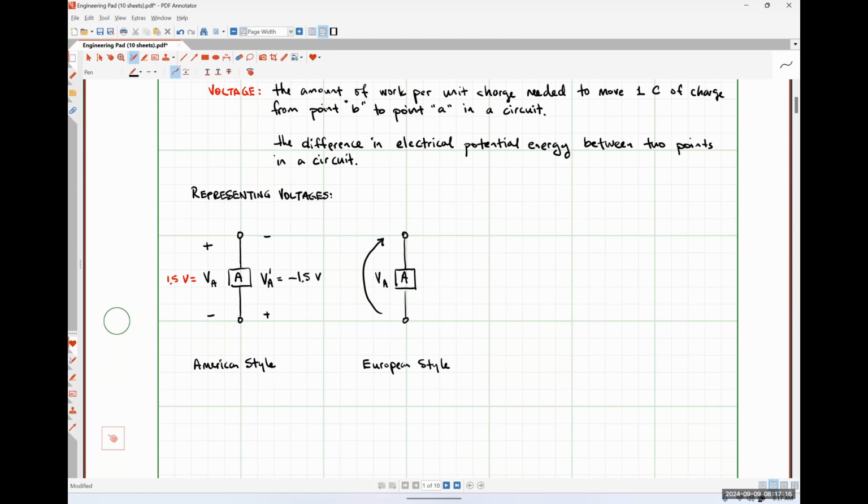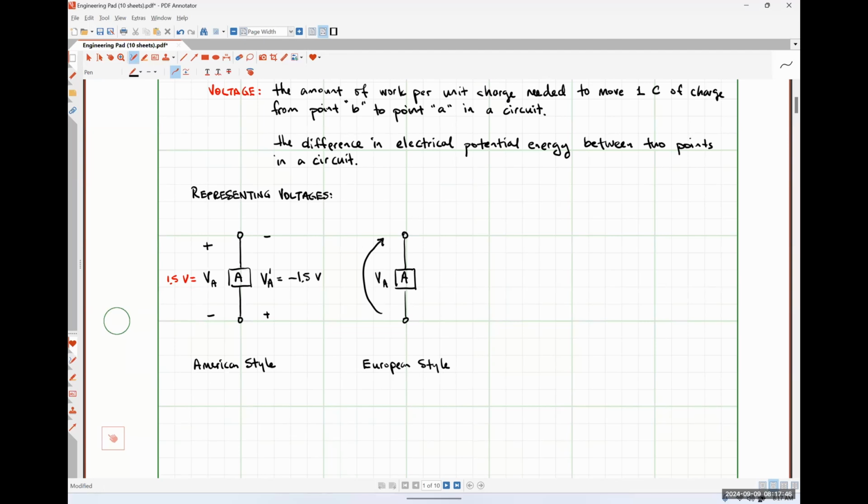Now, the reason why I don't like the European style, other than just being an American and thinking Europeans are dumb, is that arrows to me are usually associated with currents. And so having a schematic symbol with a curved arrow and then a straight arrow just doesn't work in my brain when you're trying to represent both the current and voltage across the particular element.